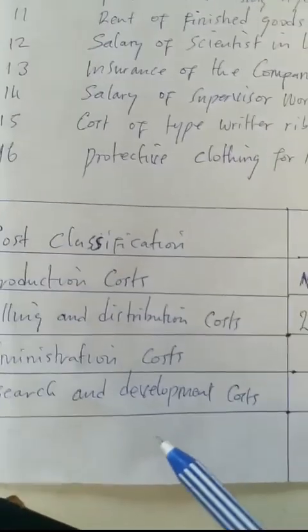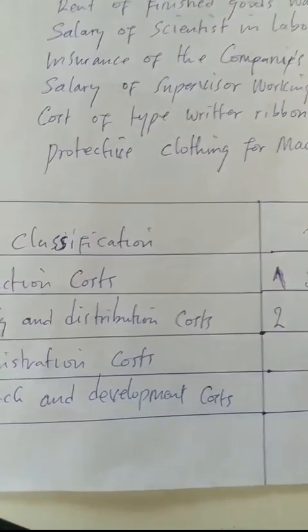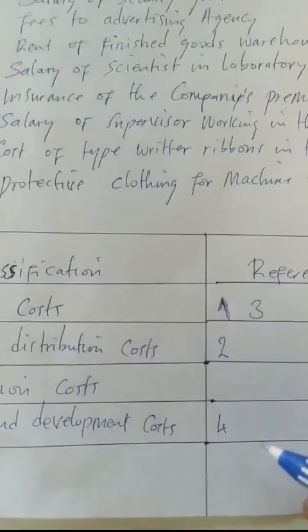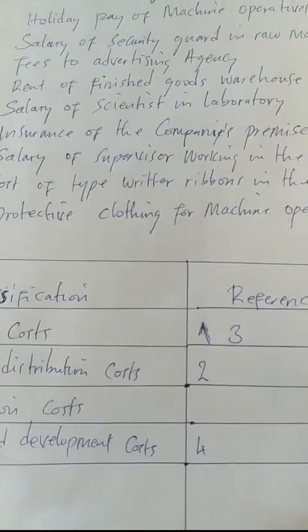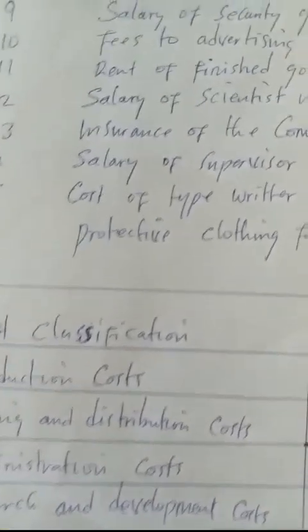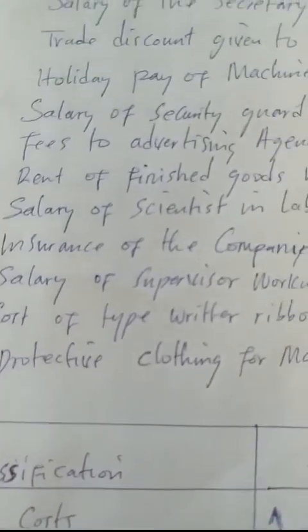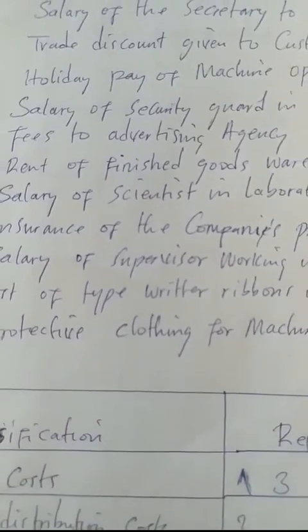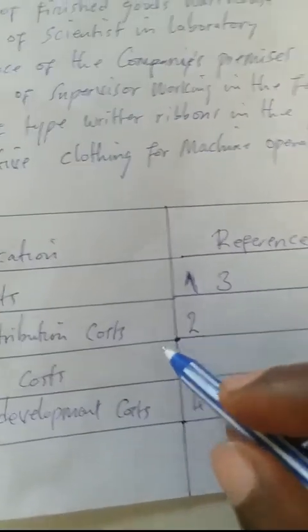Those are under research and development costs. That's number 4. Anything to do with the laboratory and other stuff, they belong to research and development costs. And then number 5, commission paid to sales representatives, selling and distribution costs. That's 5.